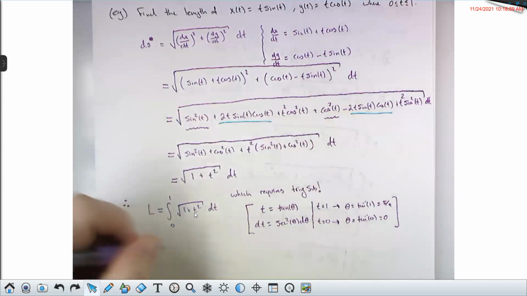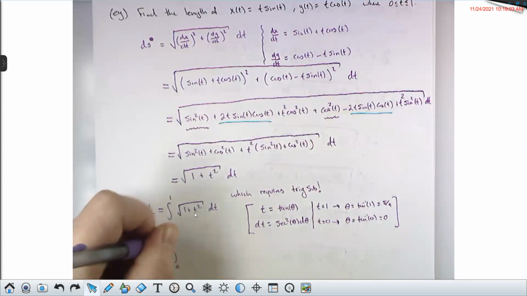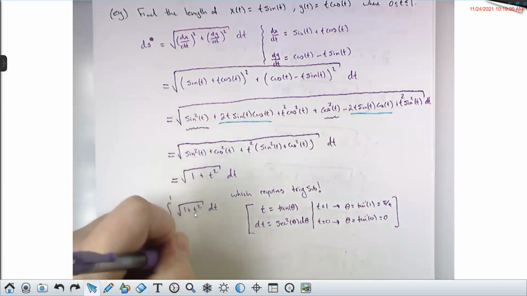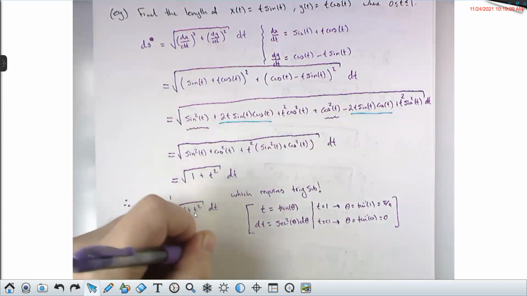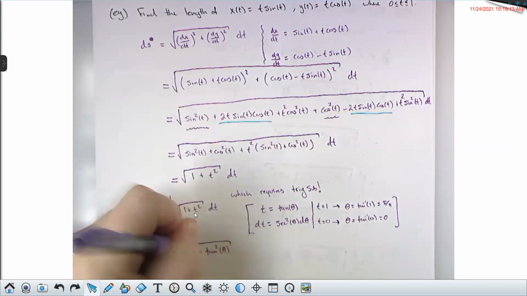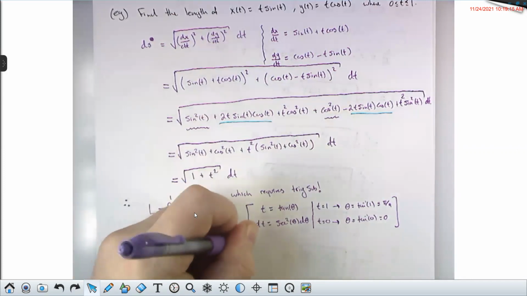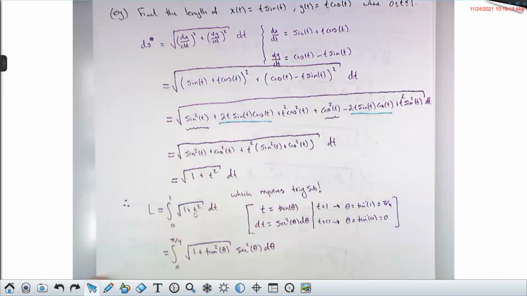So this is going to become the integral from 0 to pi over 4 of the square root of 1 plus tan squared theta times dt, which is secant squared theta d theta.